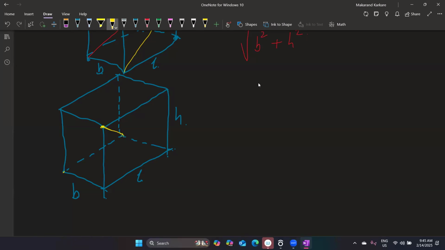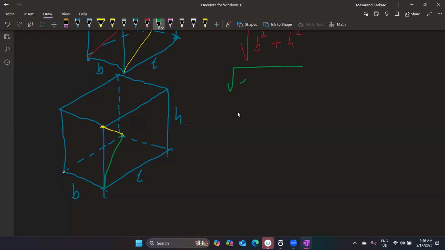Can we find the length of this? Can you tell me what is the length of the green line? Advait, what is the length of the green line? Root of L square plus B square.